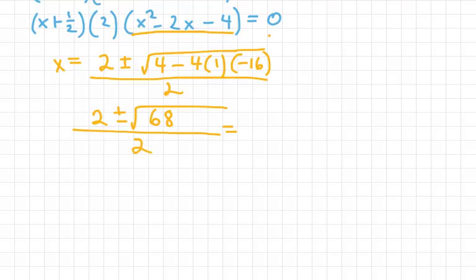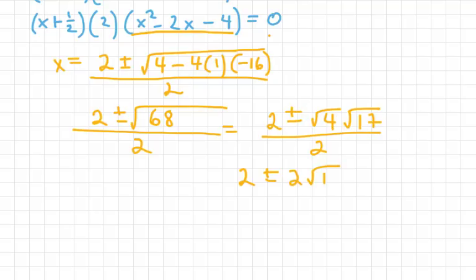root 68. 4 goes into root 68, root 17 times, so we get 2 plus or minus root 4, root 17, all over 2, or 2 plus or minus 2 root 17, all over 2.